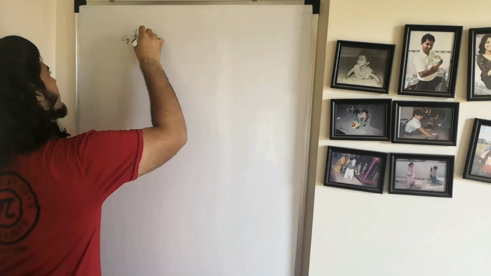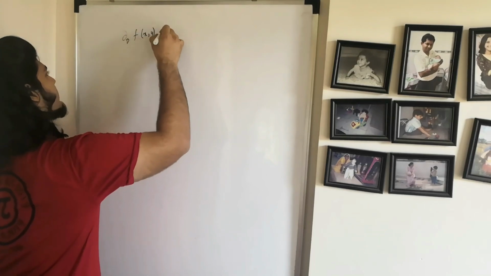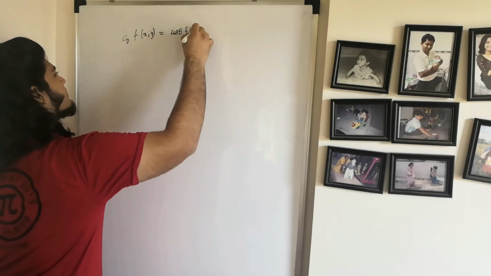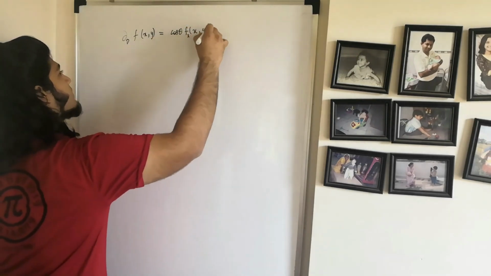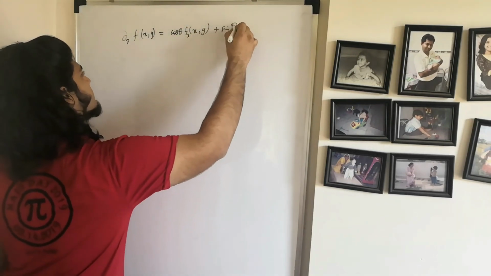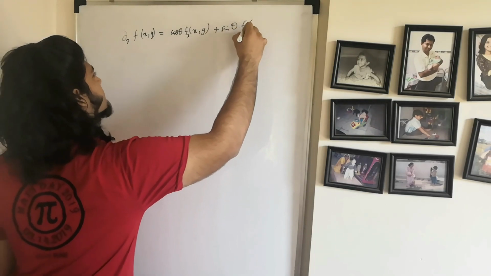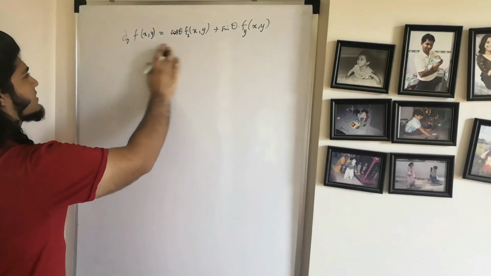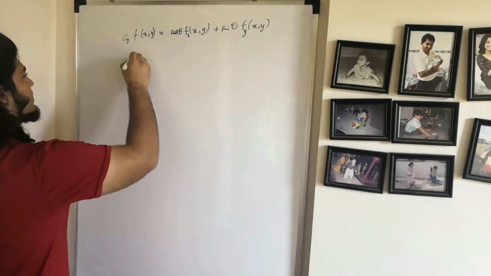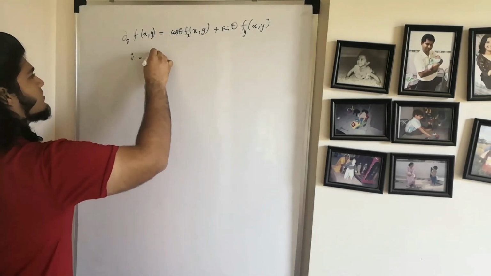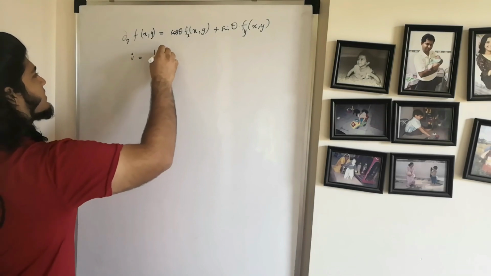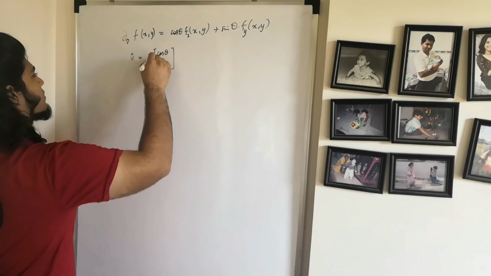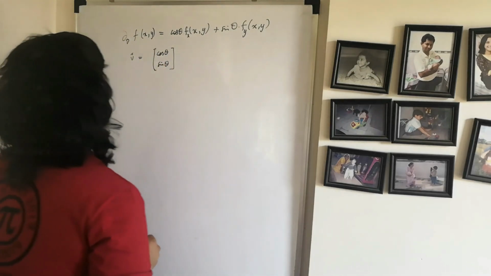So this directional derivative of f of x comma y is nothing but cos theta f sub x of x comma y plus sin theta f sub y of x comma y. And so this basically tells us that v hat is equal to the vector with components cos theta, sin theta.